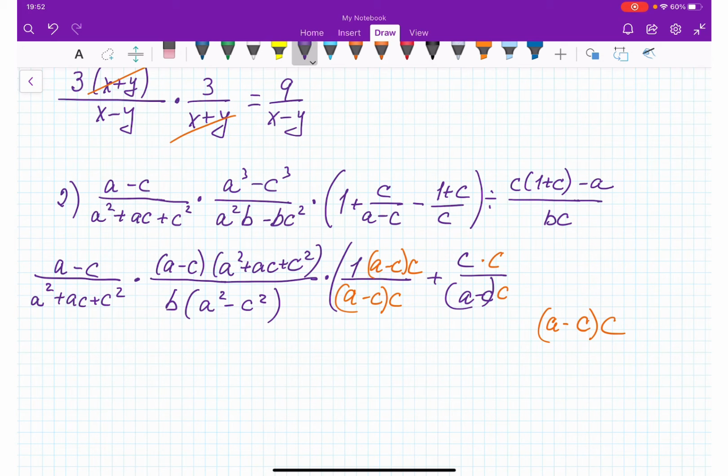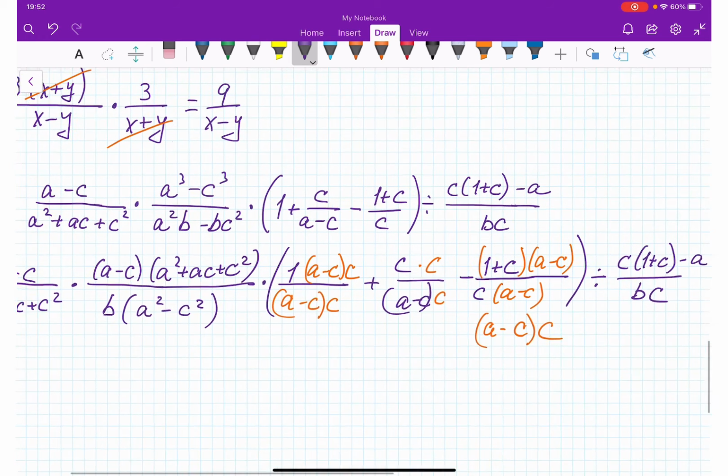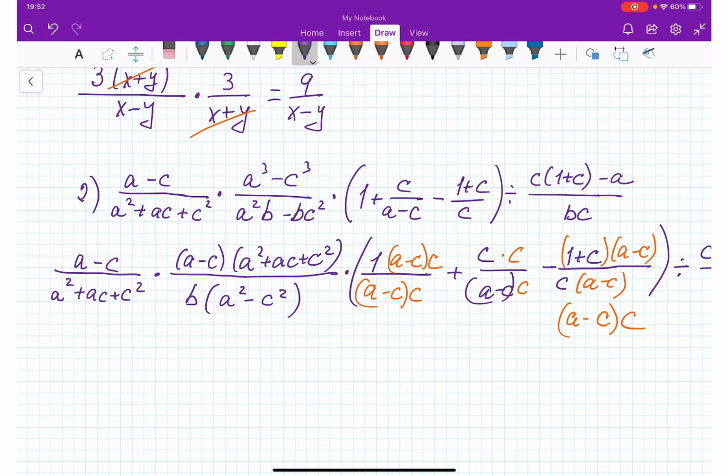And next, minus (1 + c) over c, and we are missing a − c, which means here also I'm multiplying by (a − c). Yeah, I did the right thing, came back to rewrite step by step, and divided by c times (1 + c − a) over bc. All right, so let's simplify.